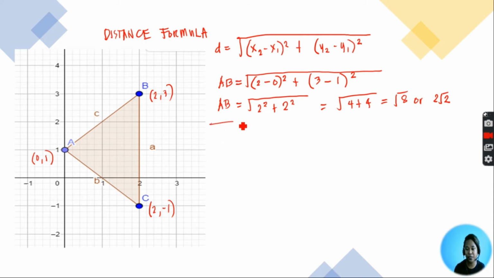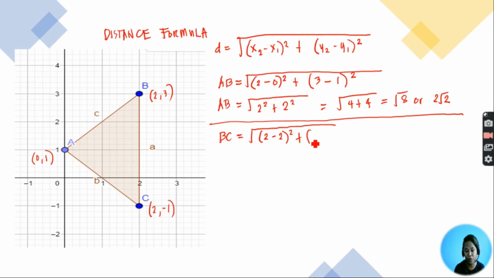Next, ang gagawin natin, hanapin natin yung distance from B to C. So consider that our x sub 2 and y sub 2 are point C and x sub 1, y sub 1 from point B. So x sub 2 natin is 2 minus 2 squared plus y sub 2 is -1 minus 3 squared.